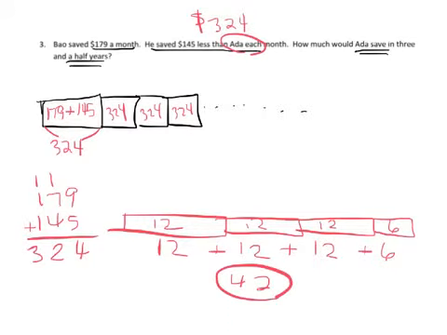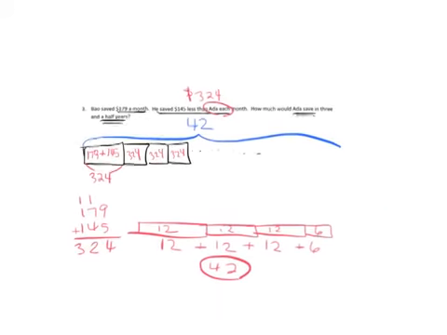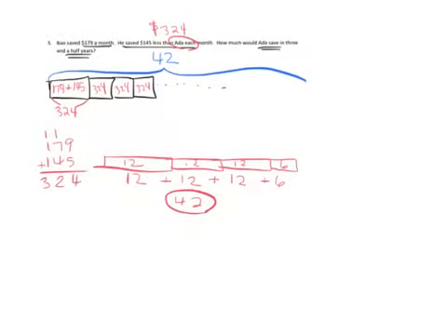So we know that Ada is going to save money for 42 months. And we want to know how much money she is going to have. So we're going to do 324 times 42. So let's get cracking at that. That's how much Ada is going to save.